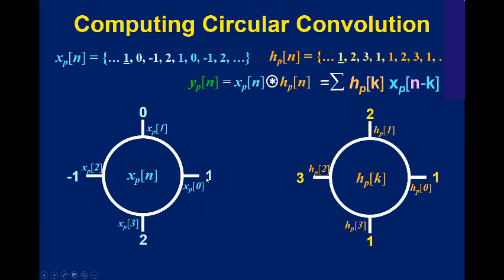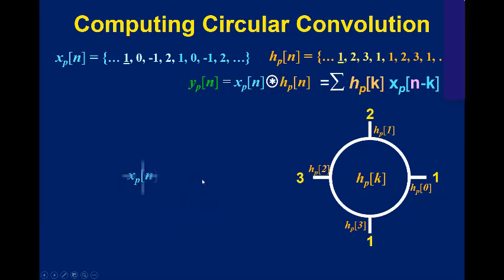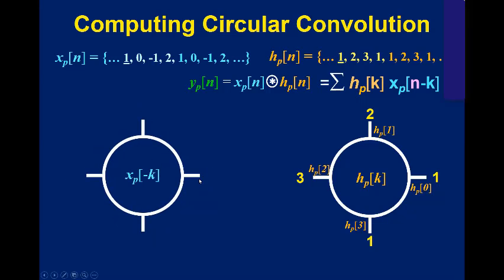All right, well, as you might guess, reversing means I'm going to take my x of n and reverse it. So x of minus k has the same values, still starting here at n equals 0, but instead of going counterclockwise, I'll put them clockwise around. So we'll do x of 0 here, x of 1, x of 2, x of 3 will go this way. And we'll put our 1, 0, minus 1, 2 around that circle.